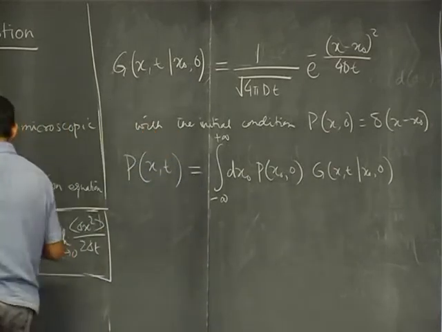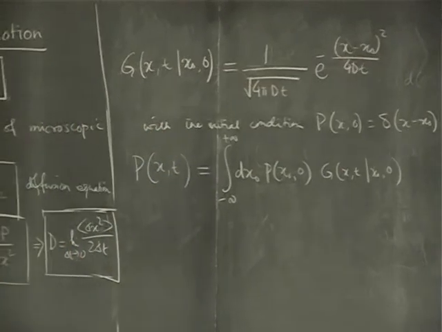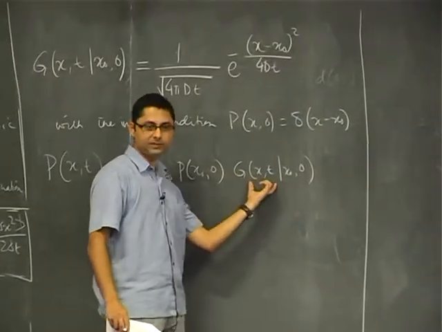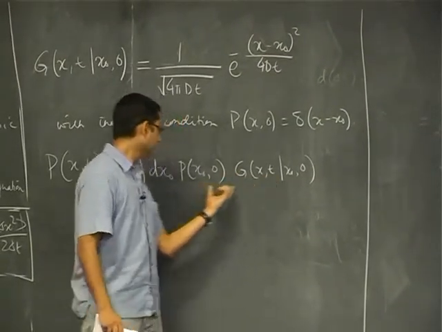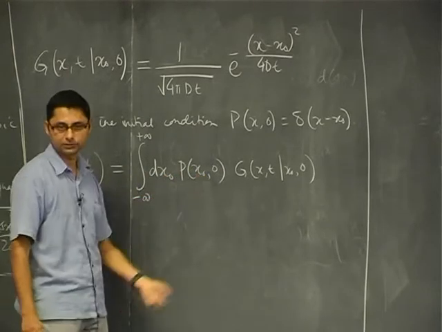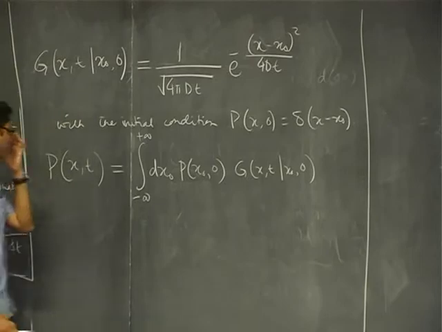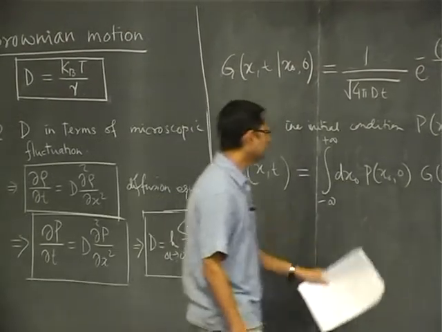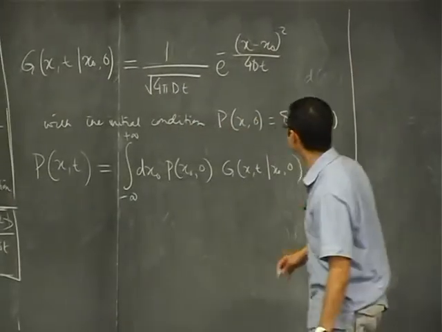So this is the general solution for this equation. If you take t goes to 0, this becomes a delta function. So then the delta function gives basically p of x, 0 is equal to p of x0, 0, right. But this is a general case, and then I am going to show this one, right.